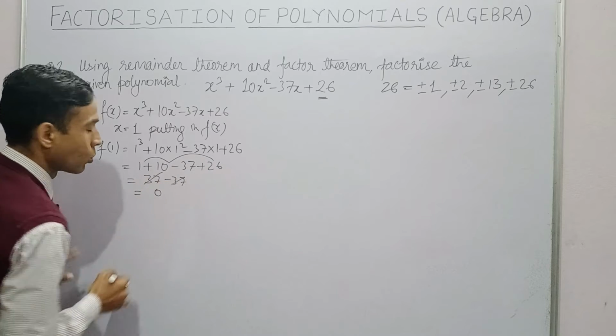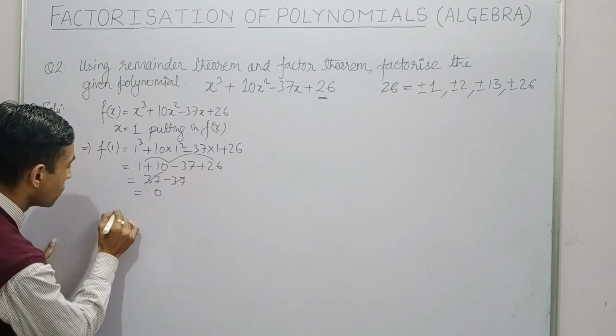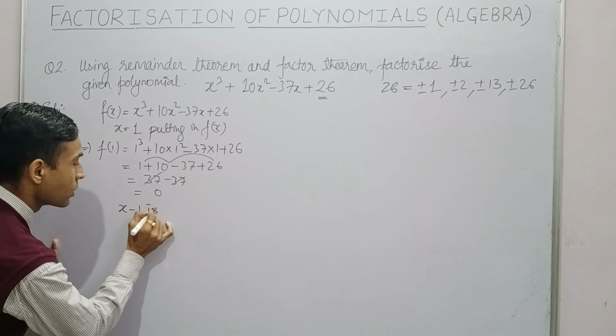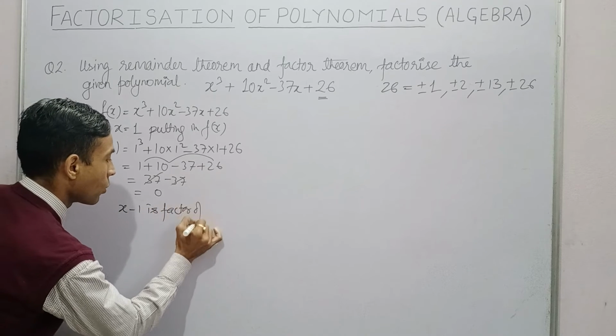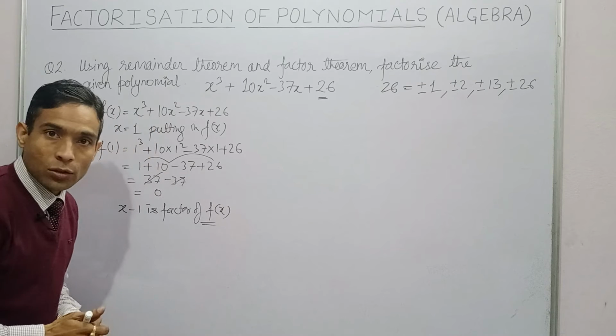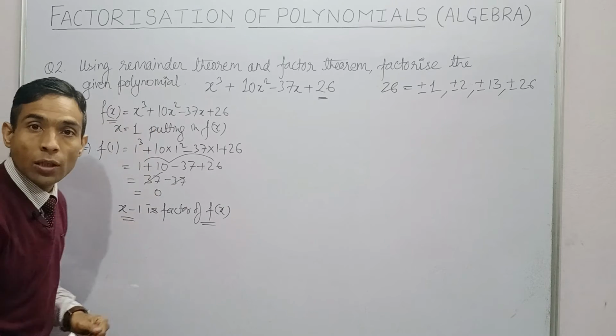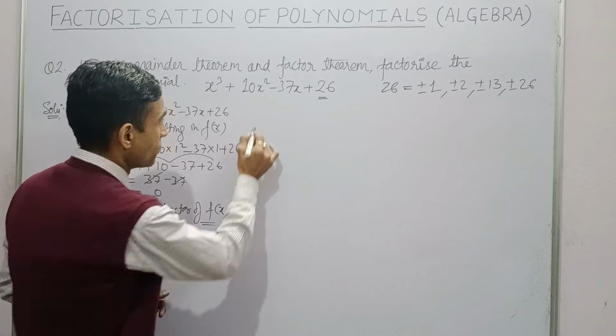Putting 1, it is giving 0, and according to the factor theorem, x minus 1 is a factor of f(x). Now in order to find out the rest of the factors, we will divide f(x) by x minus 1 using the division method.